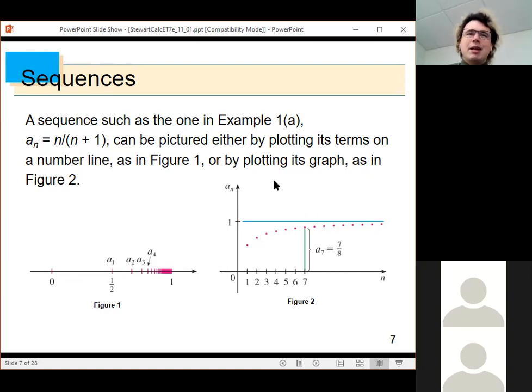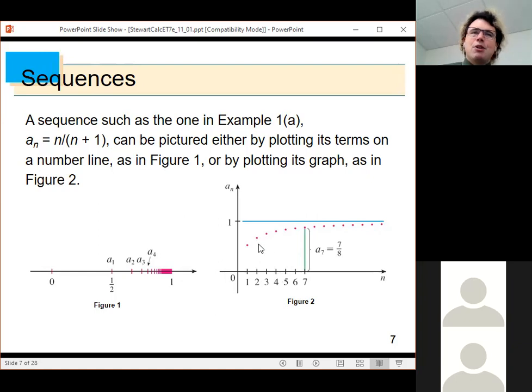The other thing you could do is this graphing idea. I know the first element of the sequence is a half. The second element is 2/3. The third is 3/4, and so on. So here I'm really thinking of it as a function where for every integer input, I graph the output as the associated y value.